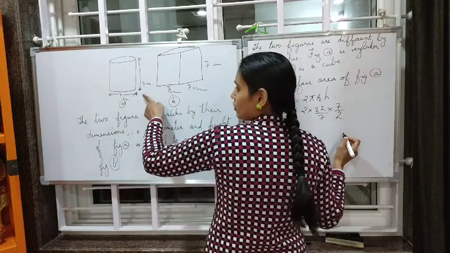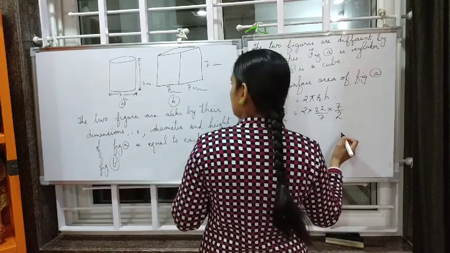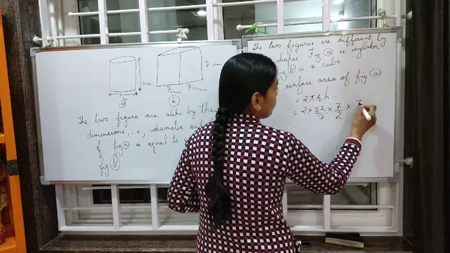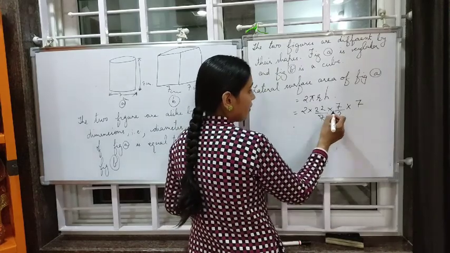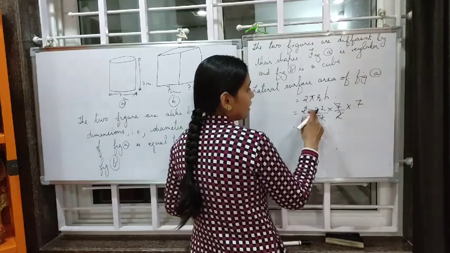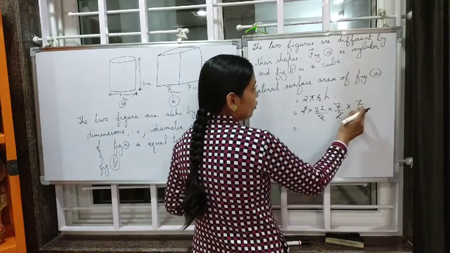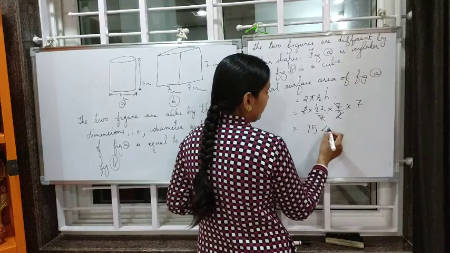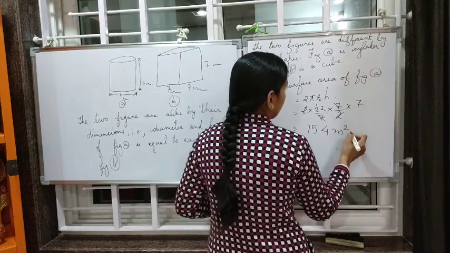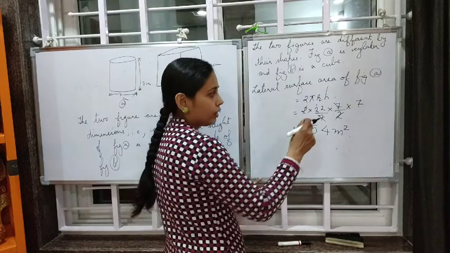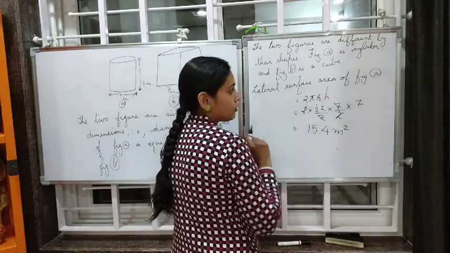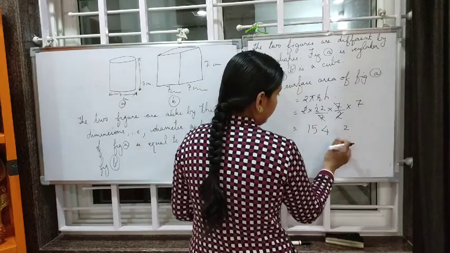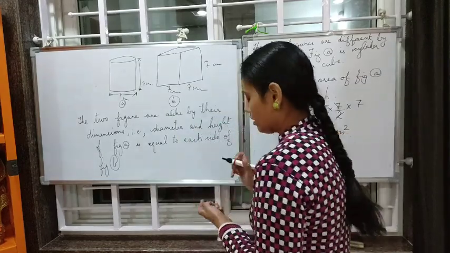Why 7 by 2? Because it is half of 7. So 7 by 2 and h is 7. Sorry, h is 7. So we can cut here, 7 and 7 cancelled, 2 and 2 cancelled, 7 and 22. So 7 twos are 14 and 7 twos are 14, 154. So it is 154 meter square. Why meter square? Because r is in meters and h is in meters. Oh, centimeter square, sorry. It is not meter, it is centimeter.